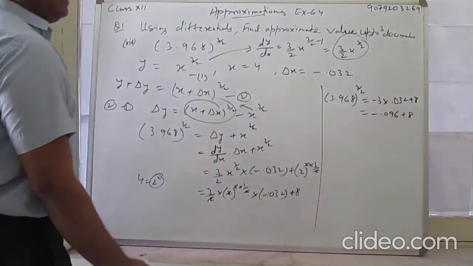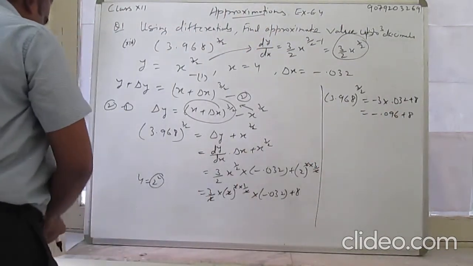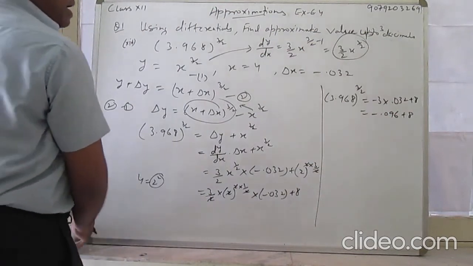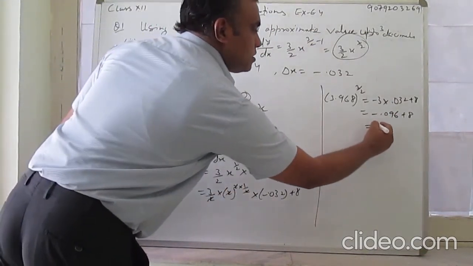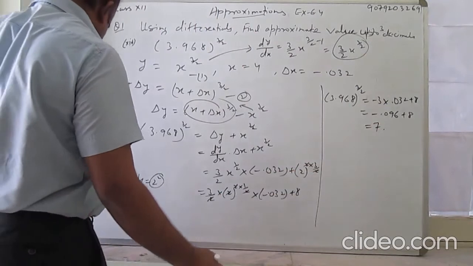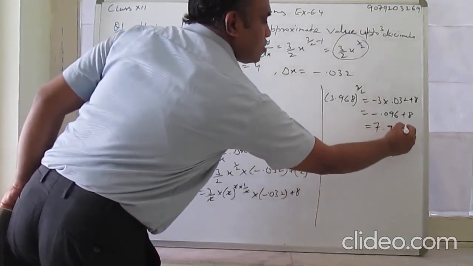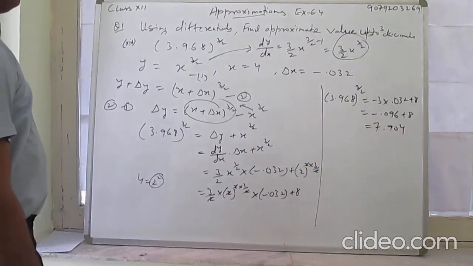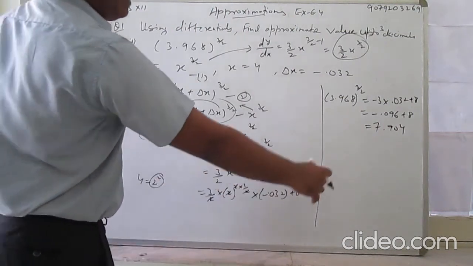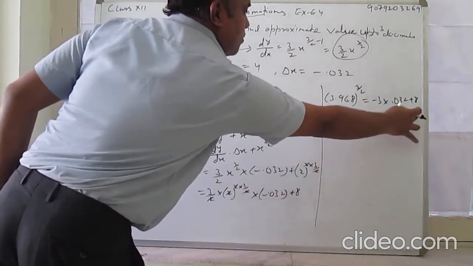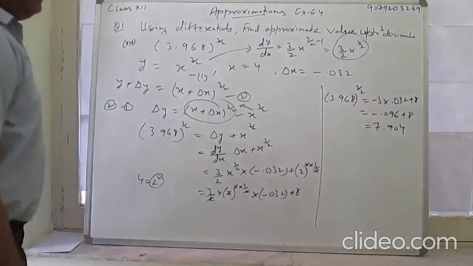If you subtract 0.096 from 8, you will get 7.904. If you subtract, you will get 7.904 from 8.00. This is the answer.